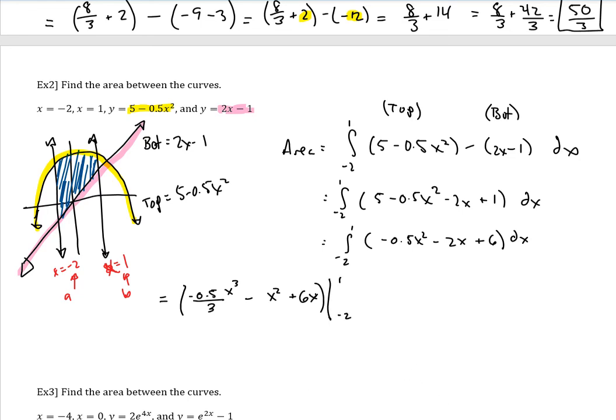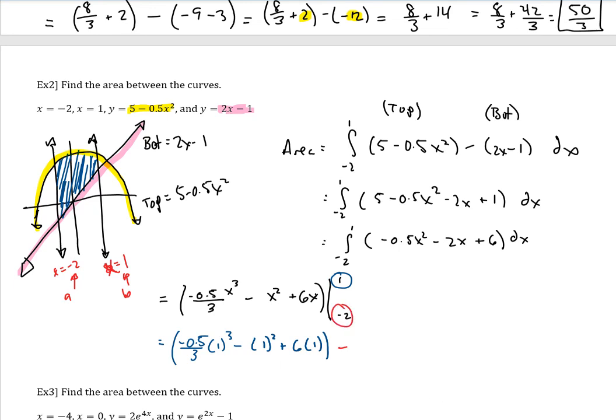Okay, and now, like always, I'm going to plug in the blue one first up top, as my color 1 is going into these x's. And then we'll always minus the second one. So let's finish the blue one. I'm going to put it right below, and then we'll use our calculator. So -0.5 over 3 times 1 cubed minus 1 squared plus 6 times 1, all in parentheses, and then always minus the second one.